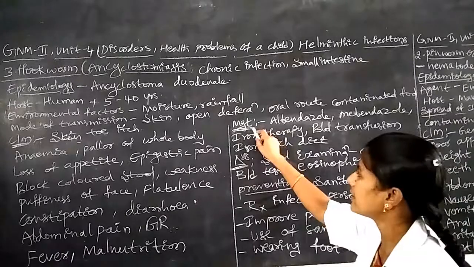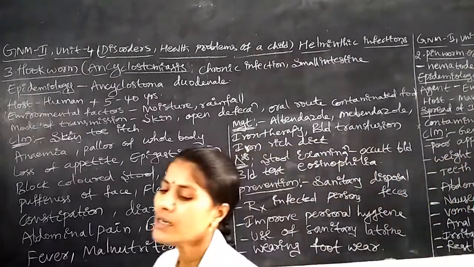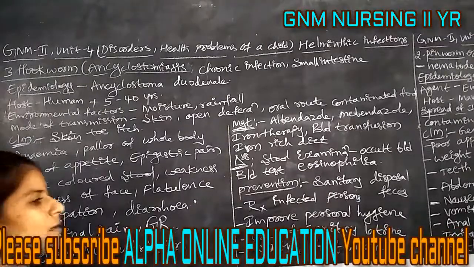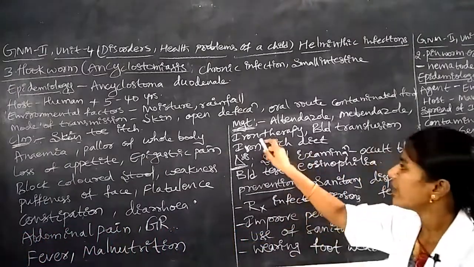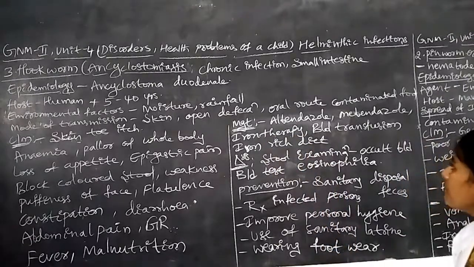Next, management. What type of management we have to give to the children means medical management. First we have to give some drugs, especially albendazole and mebendazole. These are the drugs we use to control the infection. Next, we have to provide iron therapy to the children. Next, blood transfusion.